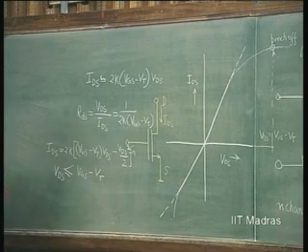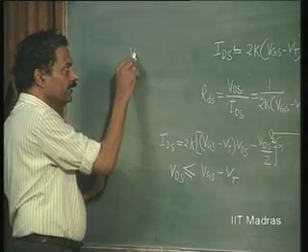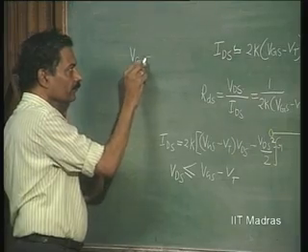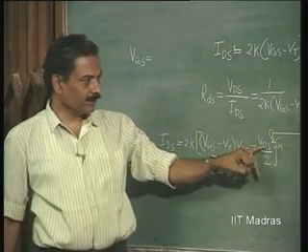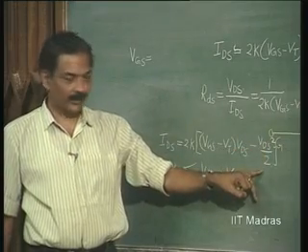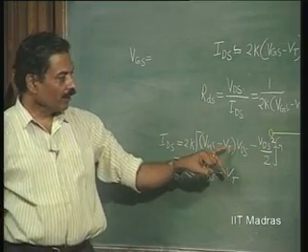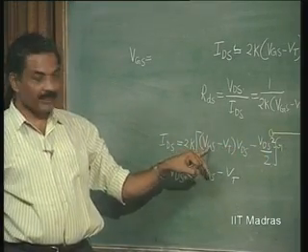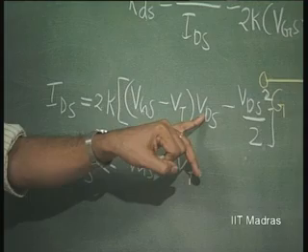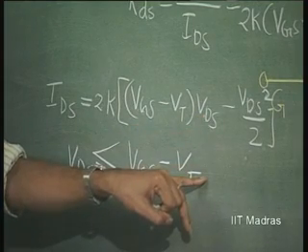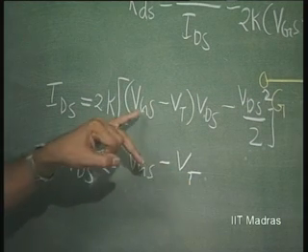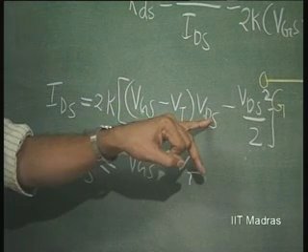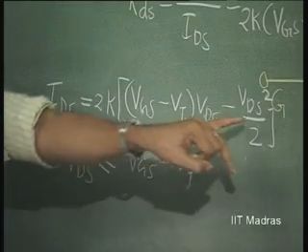Now, how to get rid of this? Suppose I make VGS equal to, I want to get rid of this VDS. If I make VGS equal to VDS by 2 plus something, this VDS will multiply with VDS by 2 and cancel this.